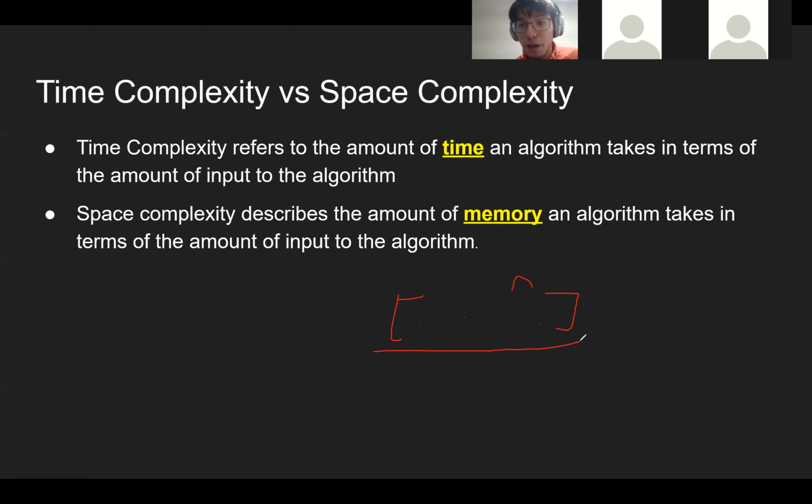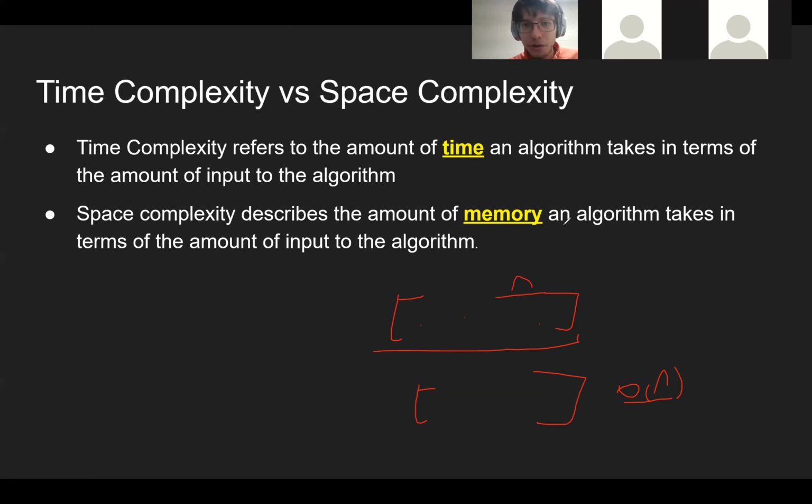Then that means we need to copy all n elements. So how much extra space are we going to use? We're going to use big O of n extra space, because if the input is of size n, then the space we're using is also of order n. So the memory that this algorithm would take would also be n.